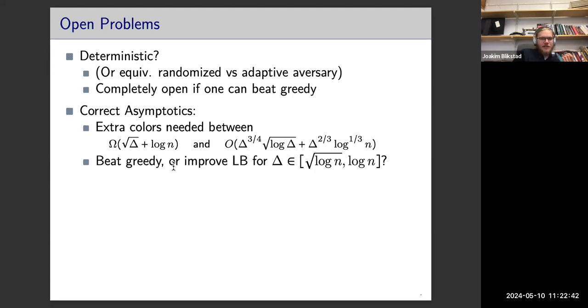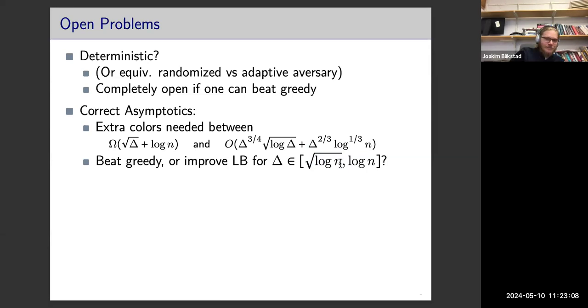Another thing is that for randomized algorithms, the lower bound only applies when delta is at most root log n. So between root log n and log n, it's unclear whether you can beat greedy or not. It seems difficult because you need some kind of concentration inequalities, and for these you usually need log n concentration.